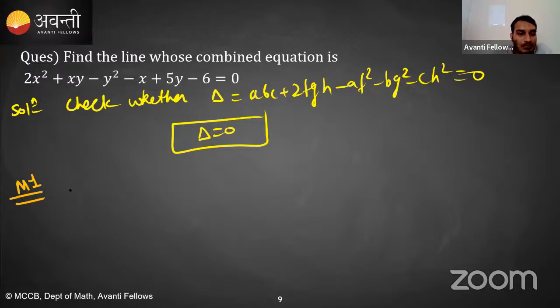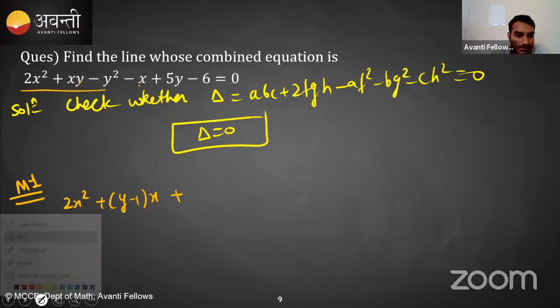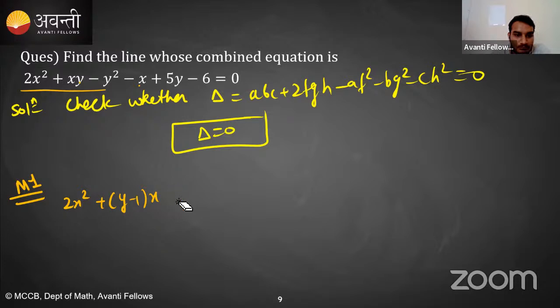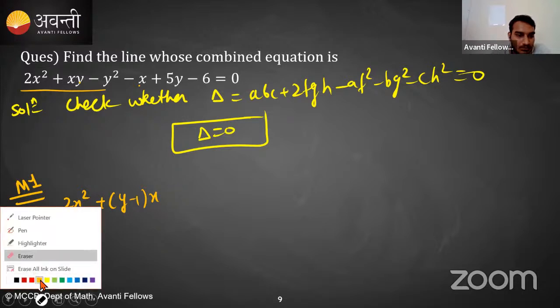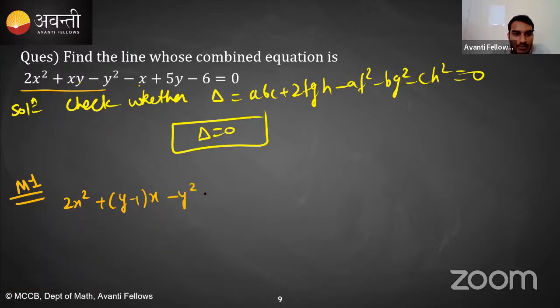Method one: concentrate on x. This is written as 2x square plus (y minus 1) into x plus (minus y square plus 5y minus 6) is equal to 0.